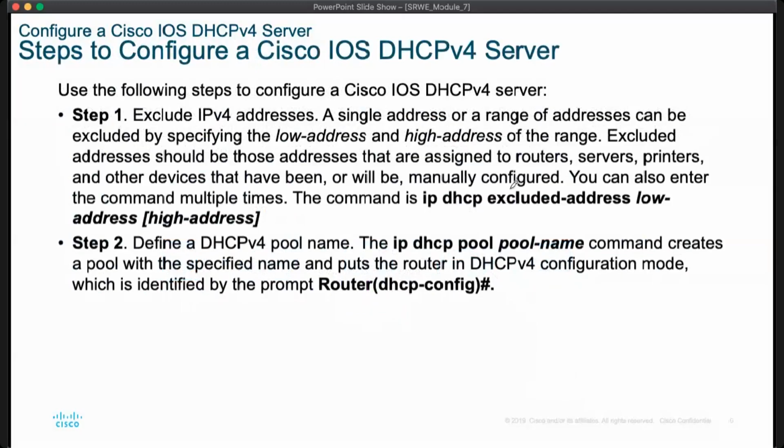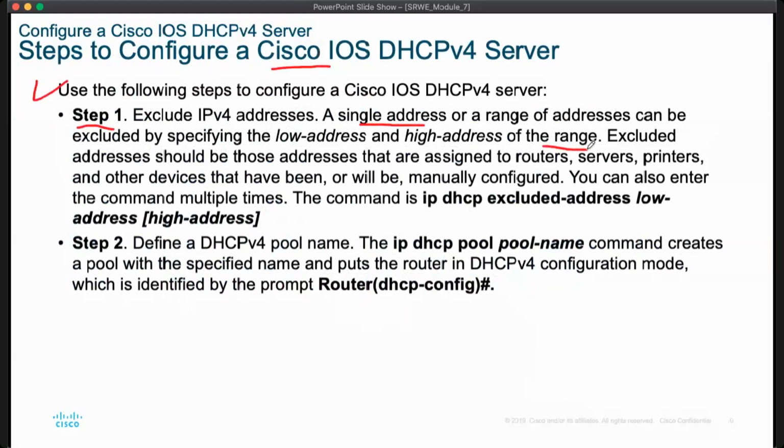Steps to configure a Cisco IOS DHCP v4 server. Use the following steps. Step 1, exclude IPv4 addresses. A single address or a range of addresses can be excluded by specifying the low address and high address of the range.